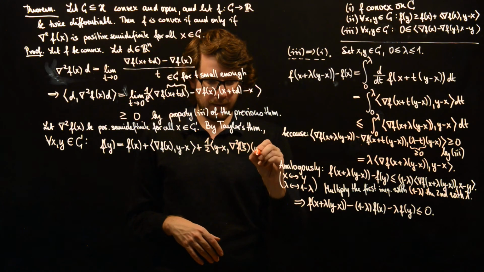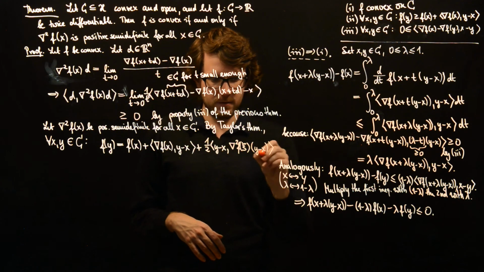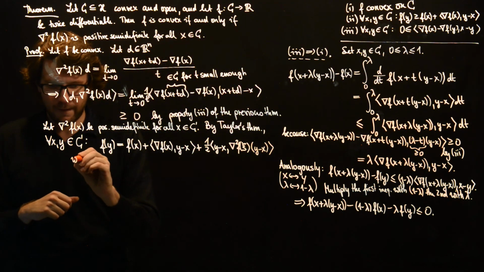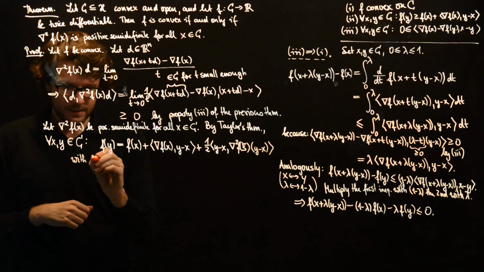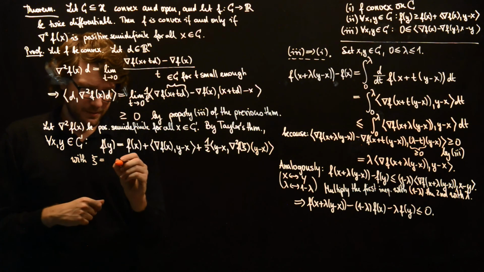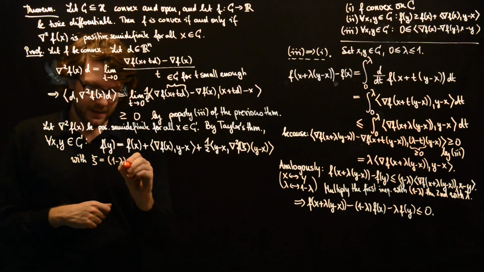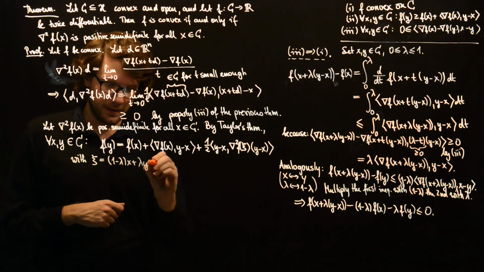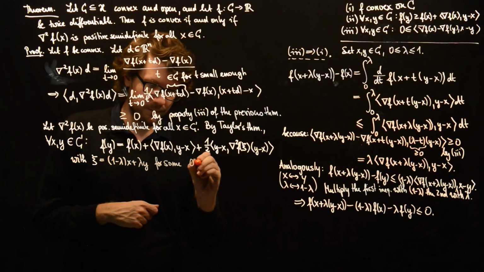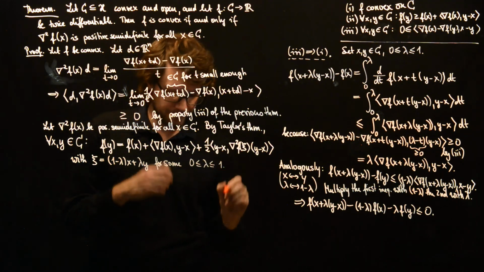Okay? With psi, this is some point in between, so this is 1 minus lambda x plus lambda y for some lambda between 0 and 1.